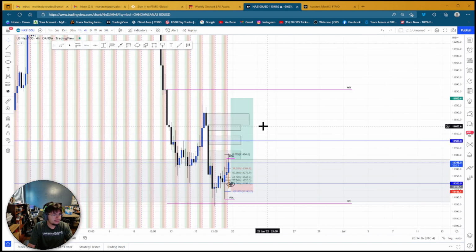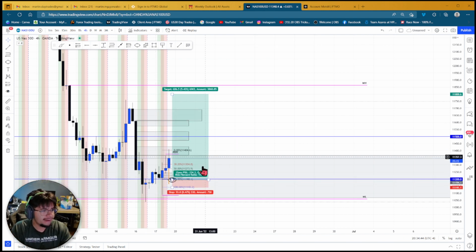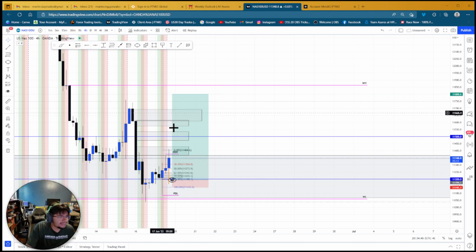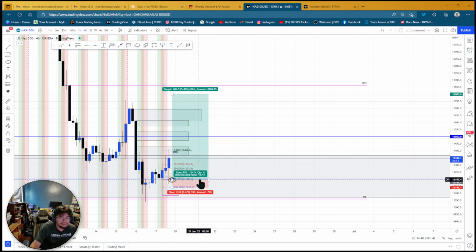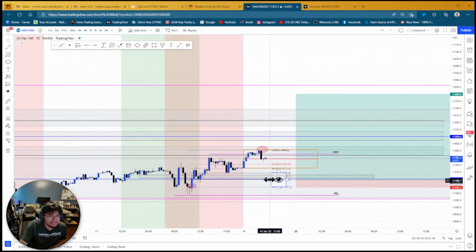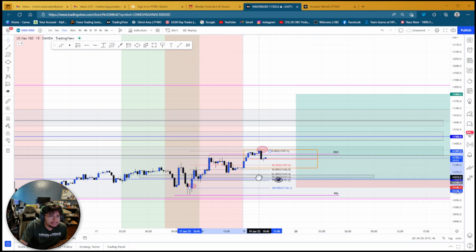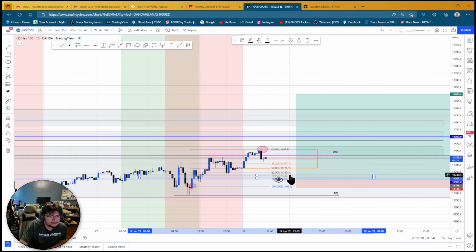Four-hour. Yeah, the 4 hour is right here. It's like this little one right here. And it lines up in this area. Not the 79%, but guess what's right there? The 200 level. So as I'm down here waiting for this to get down here, I may not take a trade until it's down into this area right here.